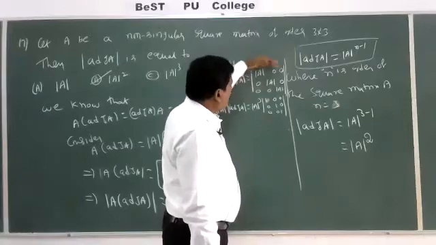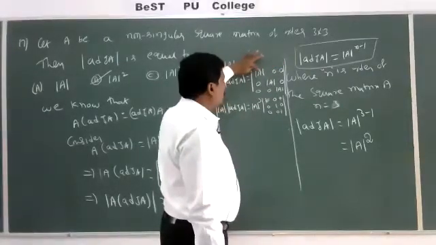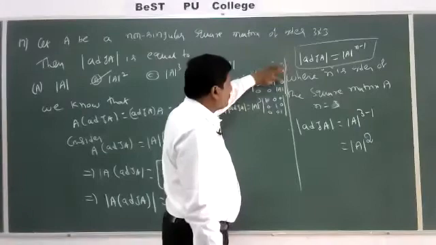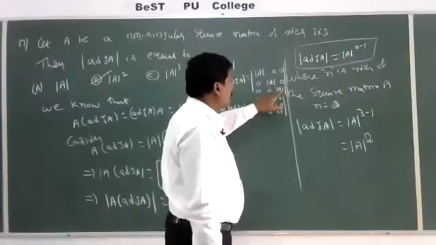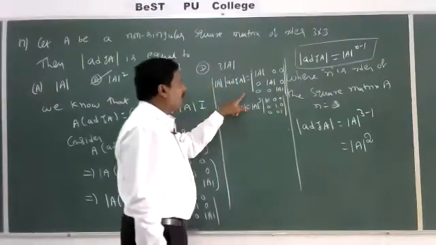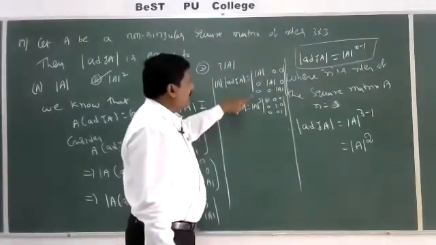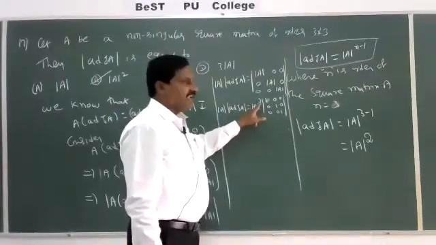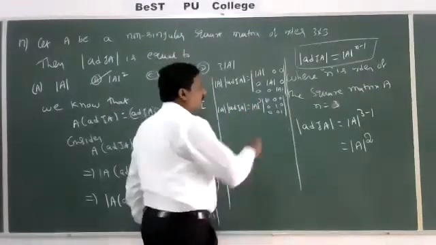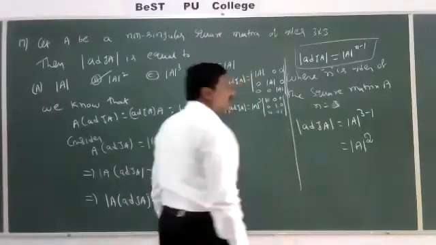From the first row we take det A common, then it becomes 1 0 0. From the second row also det A, here 0 1 0. From the third row also det A. That's why the total is det A into det A into det A, that is det A cube. And we know that the determinant of the identity matrix is always 1.